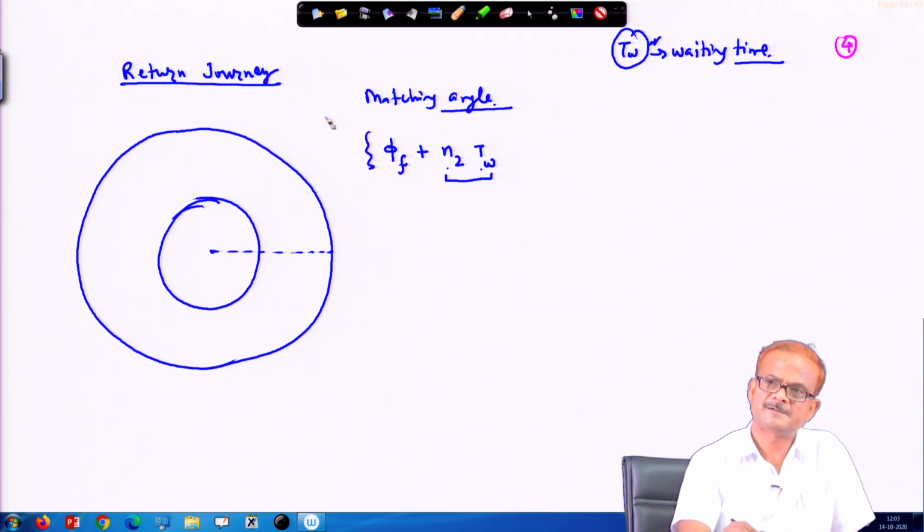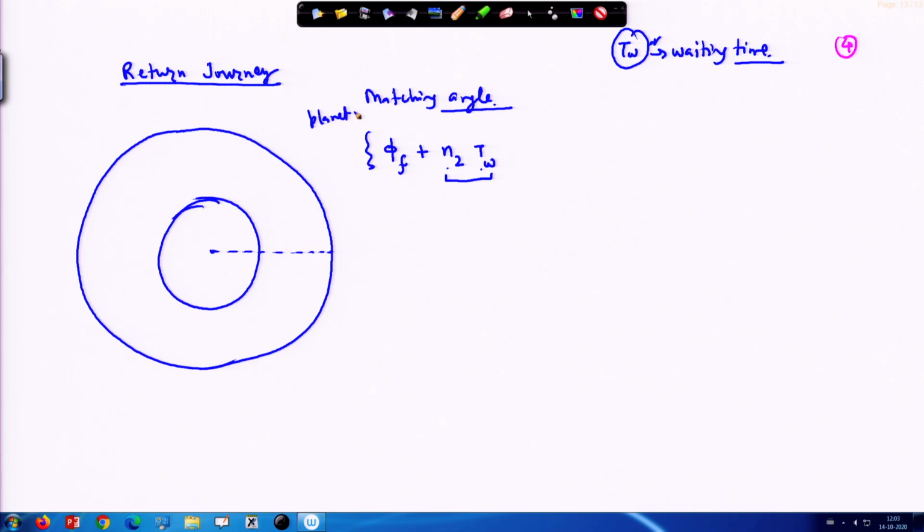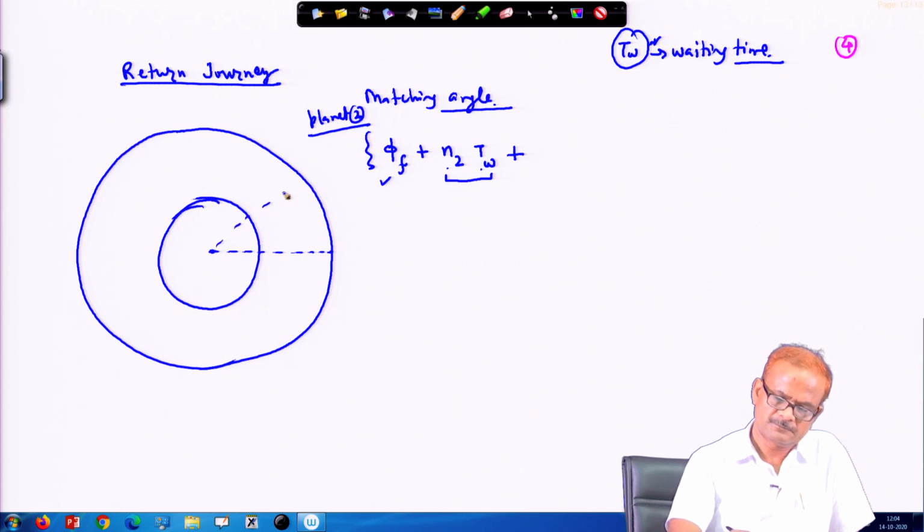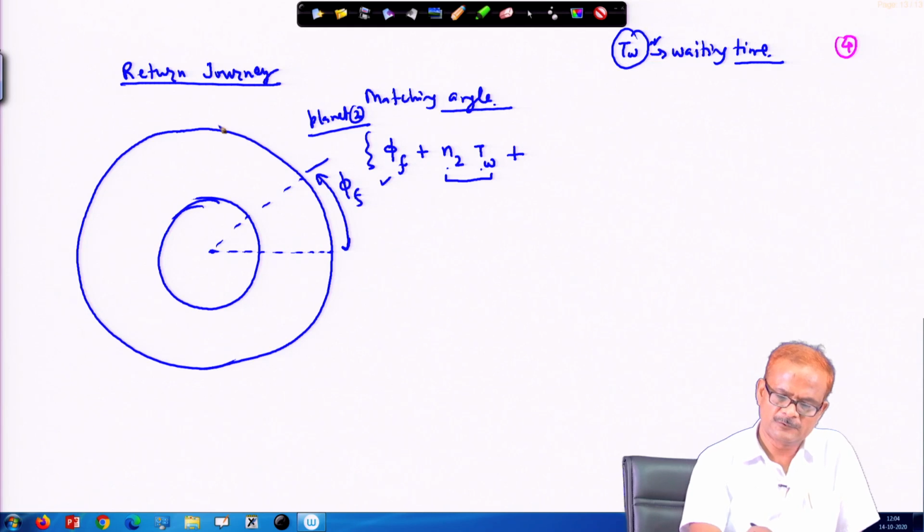This is on the left hand side, this is planet 2. So, initial phase difference, say here either on the back direction, on the front direction, whatever it may be. Here in this case, let us show this as phi f, and then the waiting time goes. So, waiting time here in this case is separately shown n 2 times t w, and then from here the satellite is being launched.